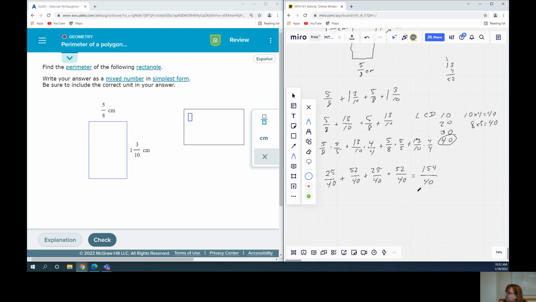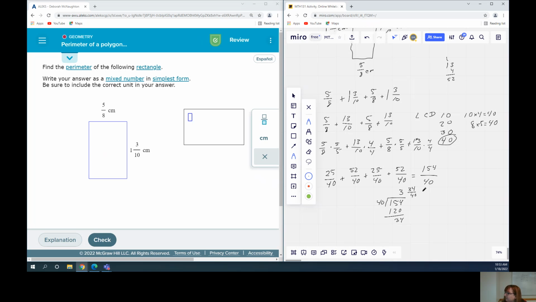And then I can change this into a mixed number, 154 divided by 40. I think that goes in 3 times. 3 times 40 is 120, and I have 34 left over. So 3 and 34 over 40. And then I need to reduce the 34 over 40.